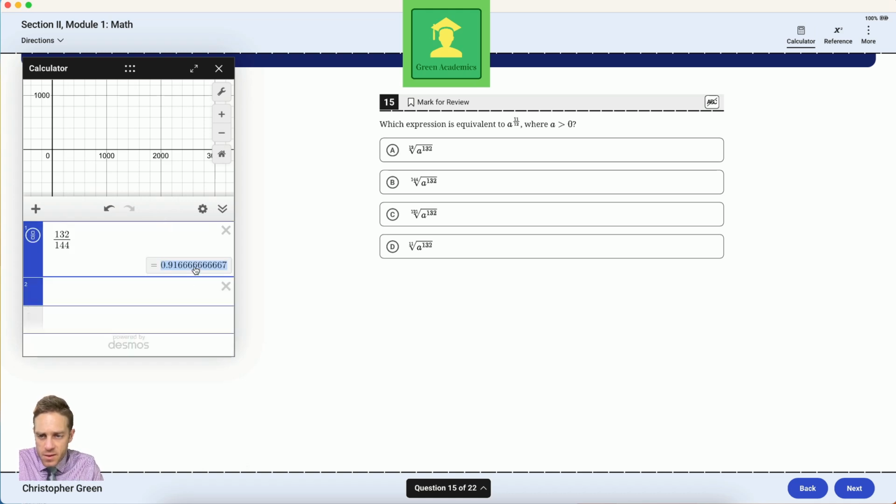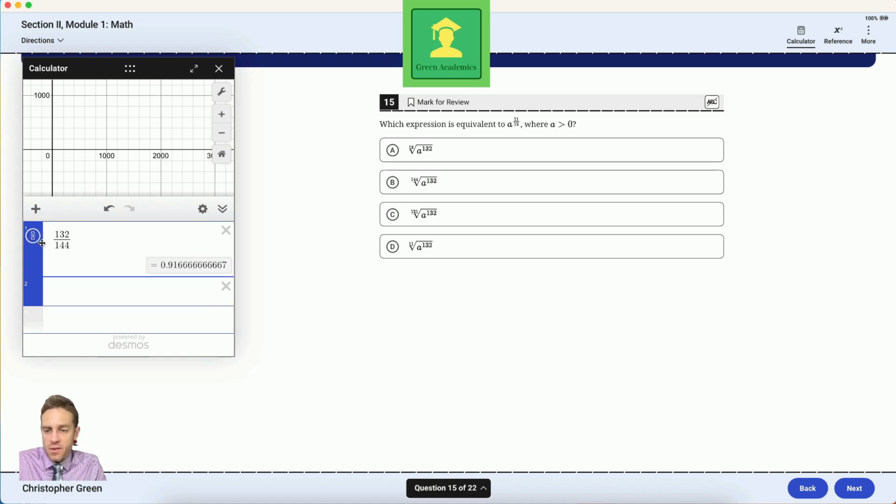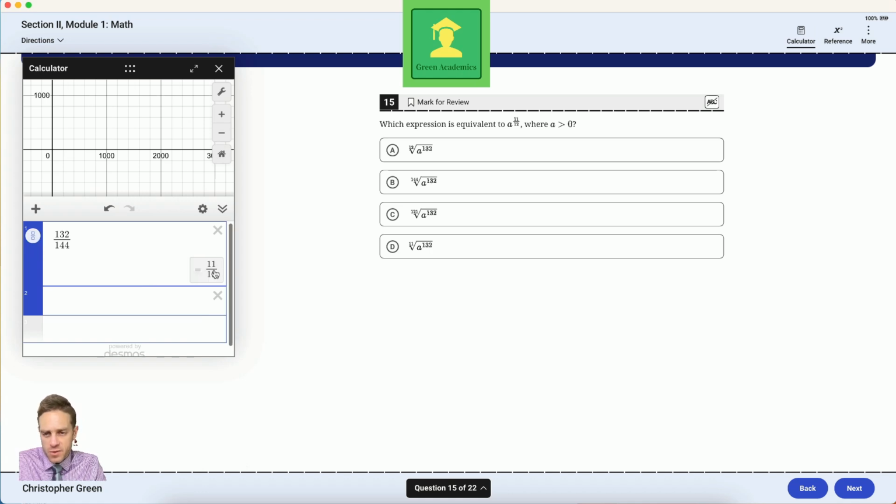Desmos will, if you click this, put it in the same form. So 132 over 144, which is B as in boy, right? Because the numerator is in the radical and the denominator is in the nook of the radical. But notice that you hit this button to switch back from decimal to fraction form.